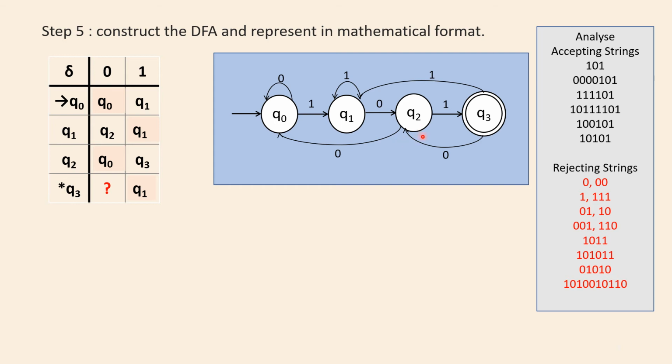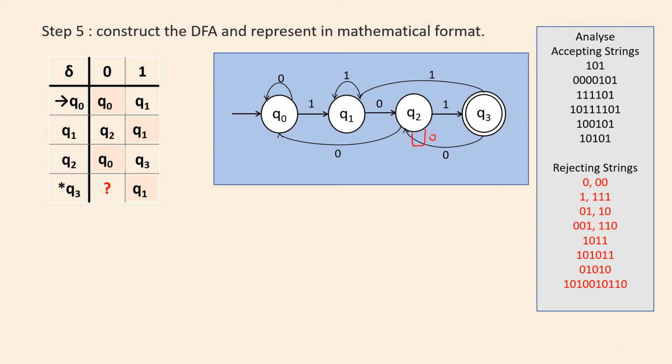Now if I try to loop zeros in Q2, what happens? If I have a string which is 10001, it is supposed to get rejected. But if I loop zeros in Q2, the string gets accepted.